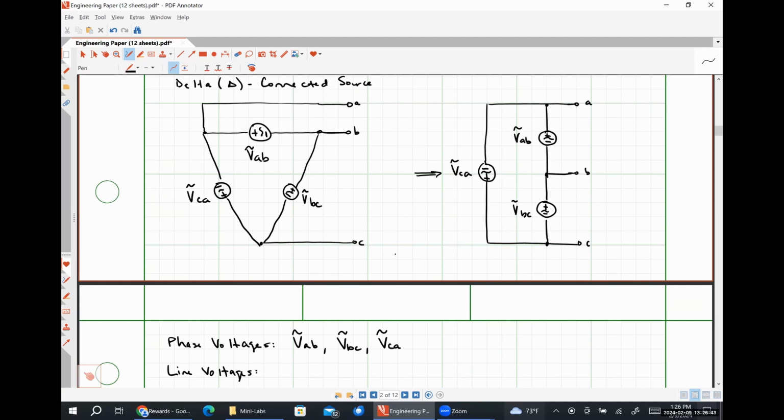What are our line voltages? By definition, our line voltages are the voltages measured between the transmission line terminals. The exact same thing.